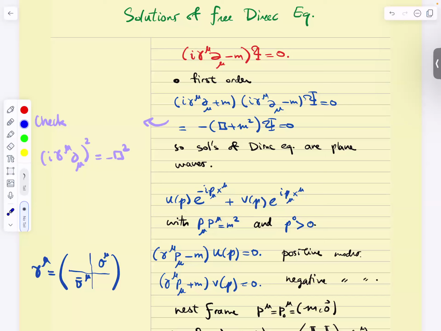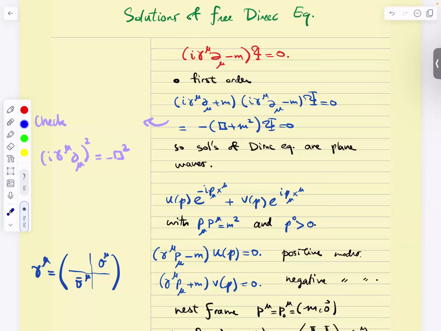And then it's a second order differential equation, so I put 2 functions, u_p and v_p. The idea is that u_p solves this equation, is killed by this operator. v_p is killed by this one. These are called positive modes.